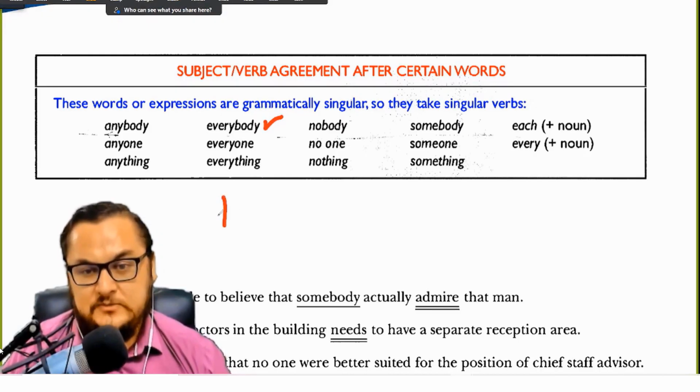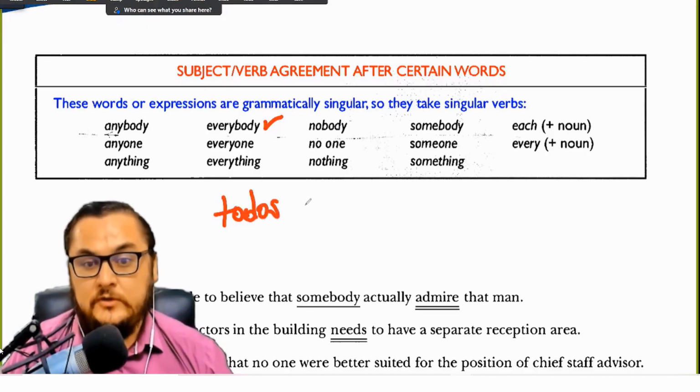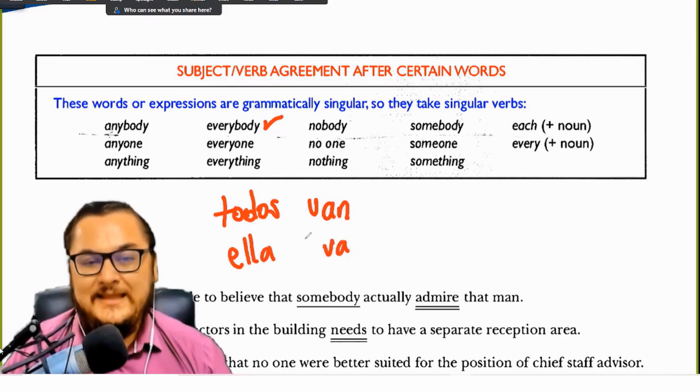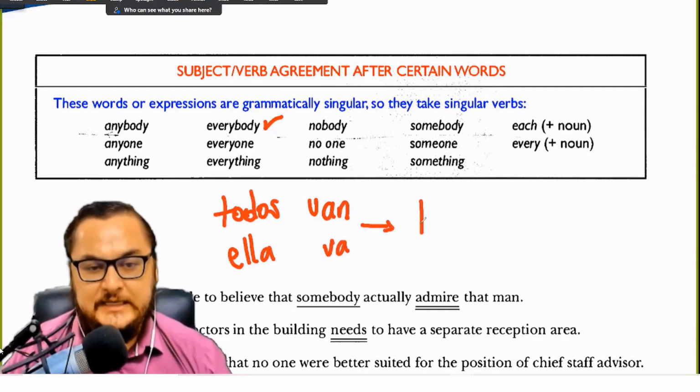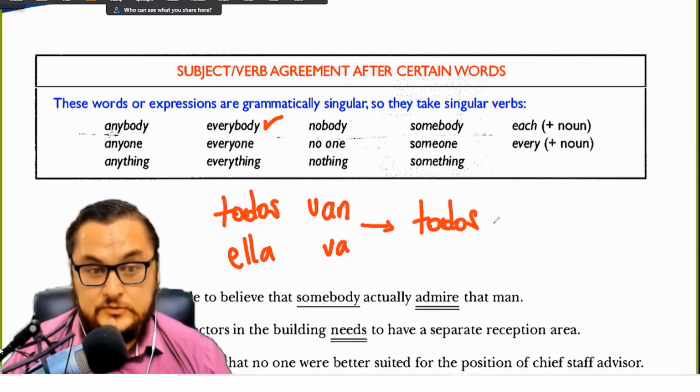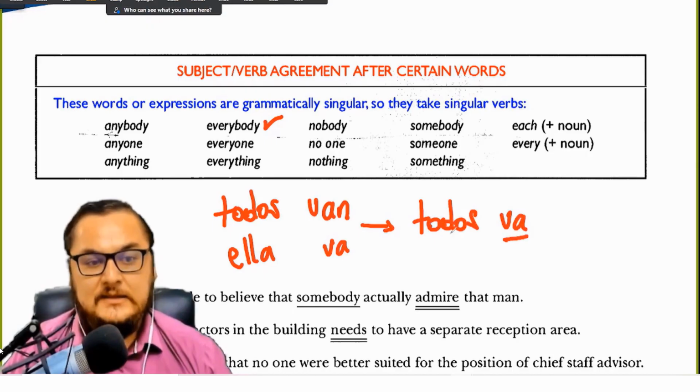Even in Spanish, we would say words like todos van, and we would say words like ella va. In English, it is totally different. In English, it is as if we said, everyone go, and it's something strange.